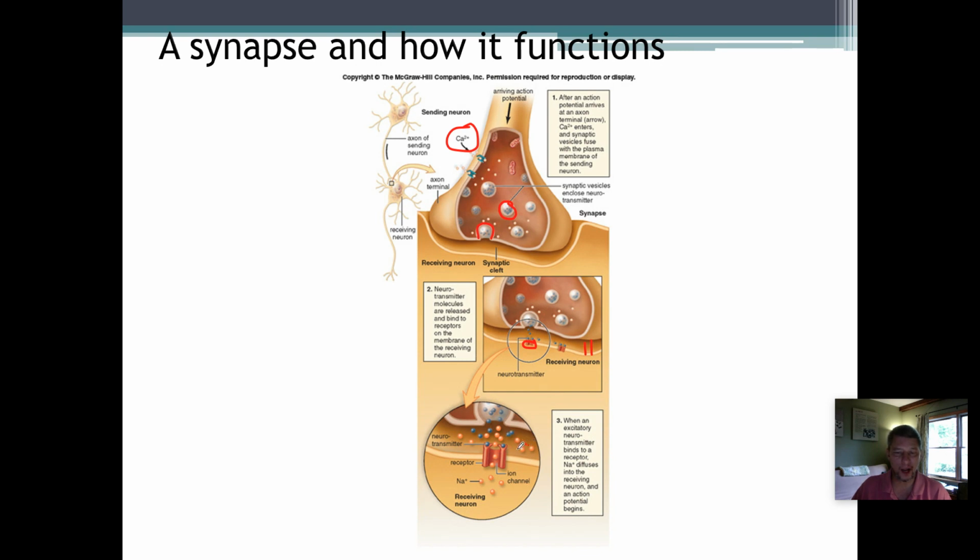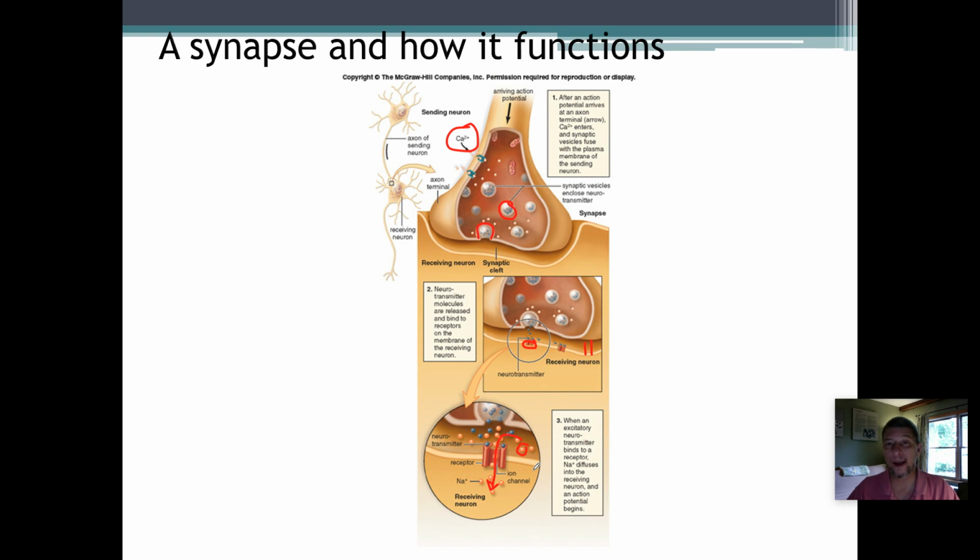So the orange dots here represent sodium, and the sodium will go in, and what that does is it changes the electrical composition, right? Because if all those positively charged sodium ions are outside the cell, and all of a sudden they go inside the cell, that reverses the polarity there, all right? And so the sodium diffuses into the receiving neuron, and a new action potential then begins, all right?